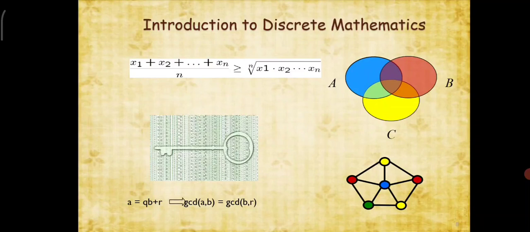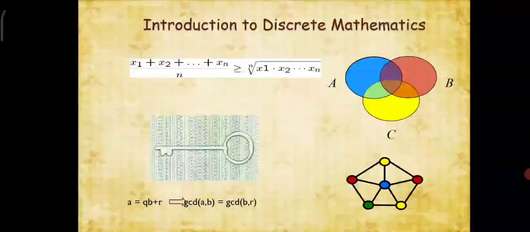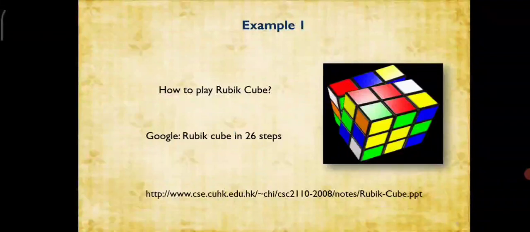The Venn diagram represents set theory. This key represents cryptography, then graph theory, and the last one is algebraic structures. These are the terms we are going to use in our different topics.